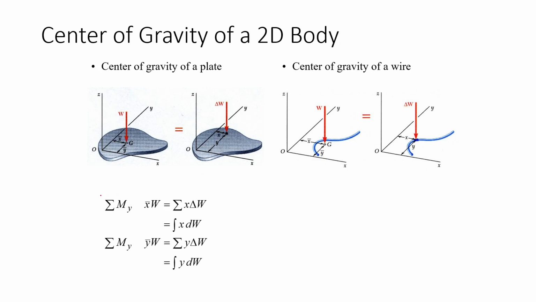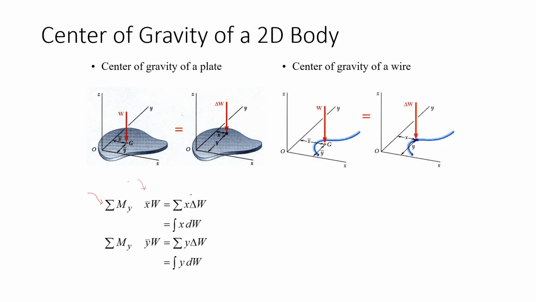As you notice, if we want to clearly define the presented formula, this one is the summation of moments with respect to y. That's why it's the sigma notation, m and then y, summation of moments y, and this one is the formula presented. On the left hand side, that's bar x. Bar x is the location of the center of gravity with respect to the x-axis. And then w is the total weight.